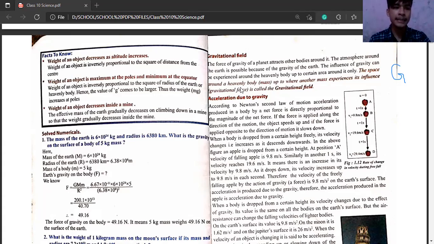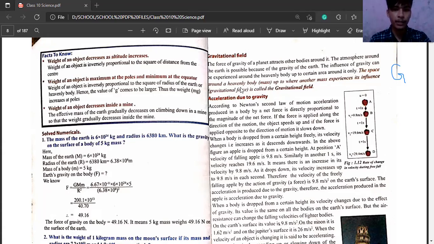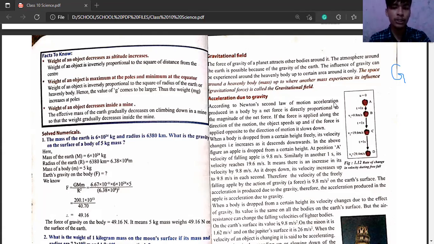We'll talk about Newton's second law. According to Newton's second law of motion, the acceleration produced in a body is directly proportional to the magnitude of the net force. Whenever the force increases, the acceleration of the body also increases.